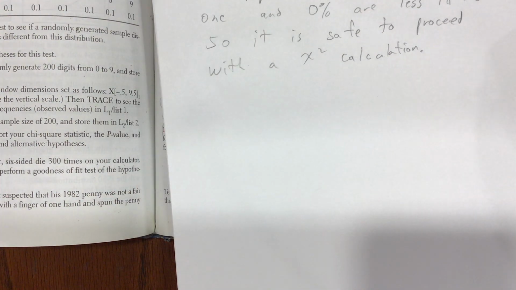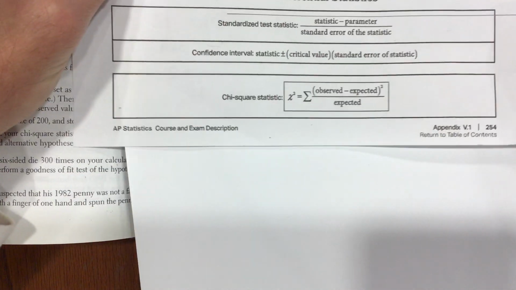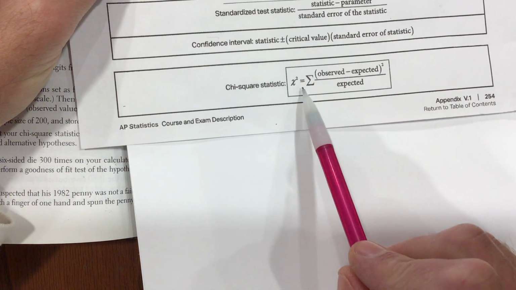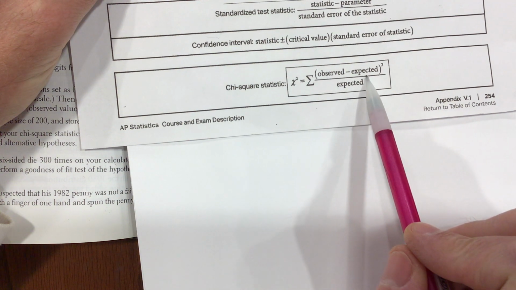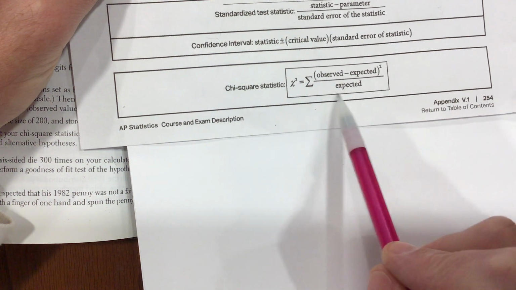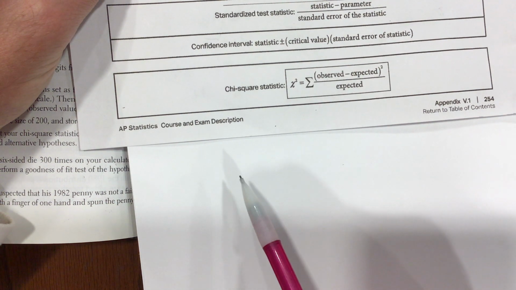Okay, so to calculate our chi-square statistic, it's on our formula sheet, bottom of the first page. We take the observed count for each cell minus the expected count for that cell, square it. We divide it by the expected count, and then we take the sum of all those.